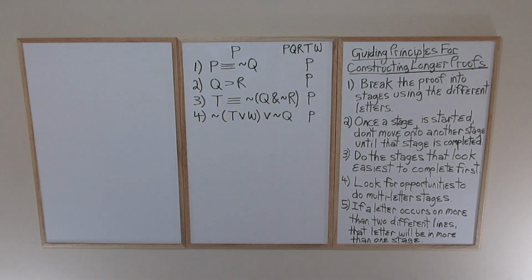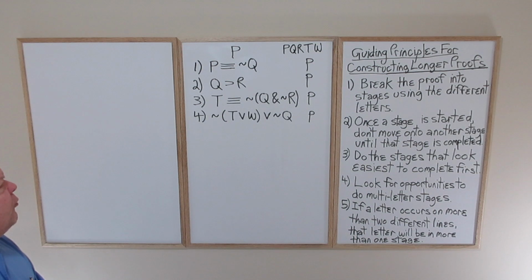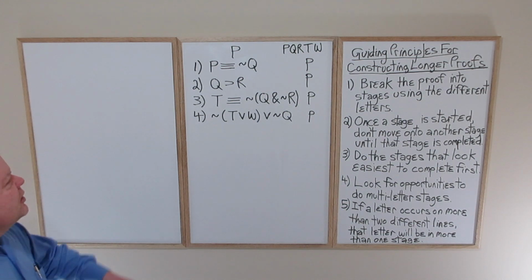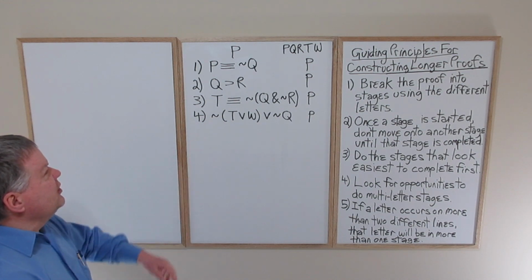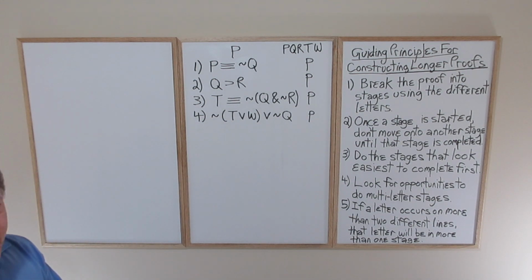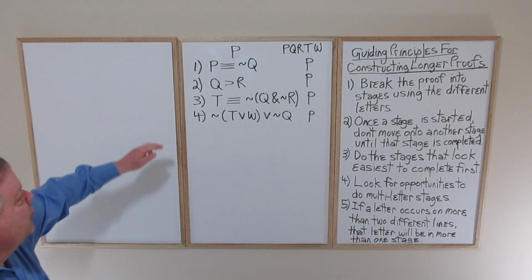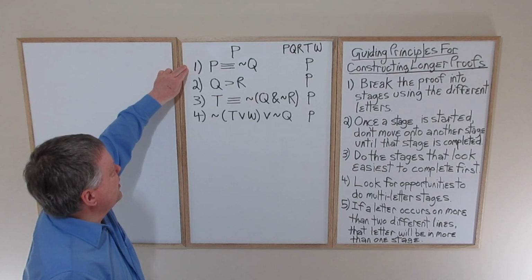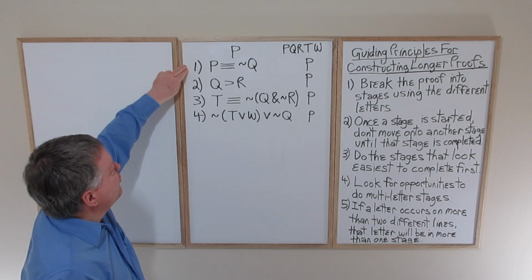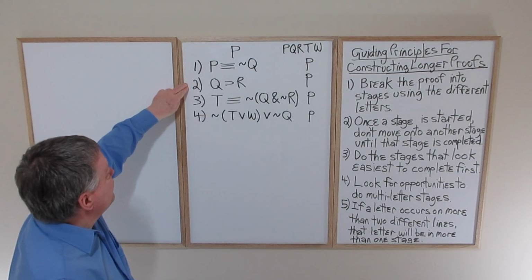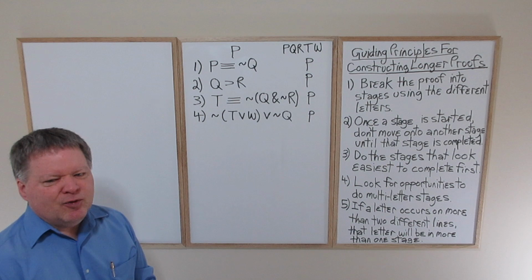Next, we can consider this 4-premise proof. This has P, Q, R, T, and W related information, and the conclusion is the simple sentence P. One other thing to note about this proof is that we have Q-related information not only in the first premise, but in the second, the third, and the fourth.